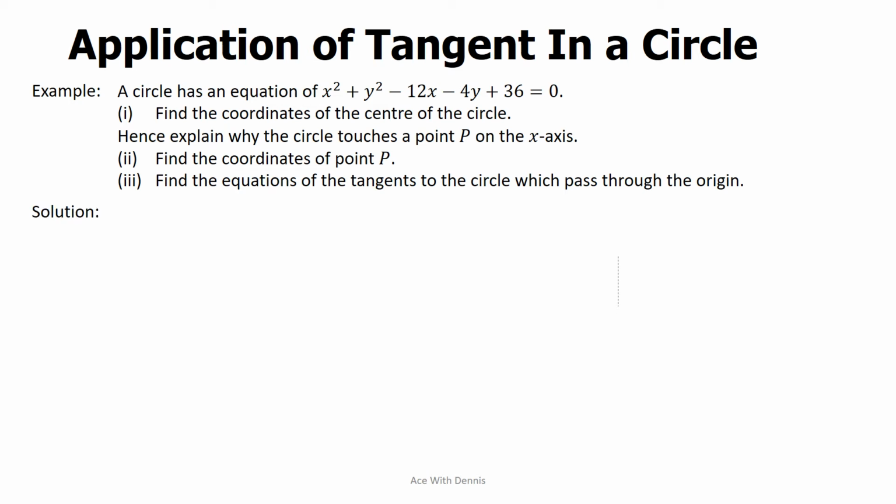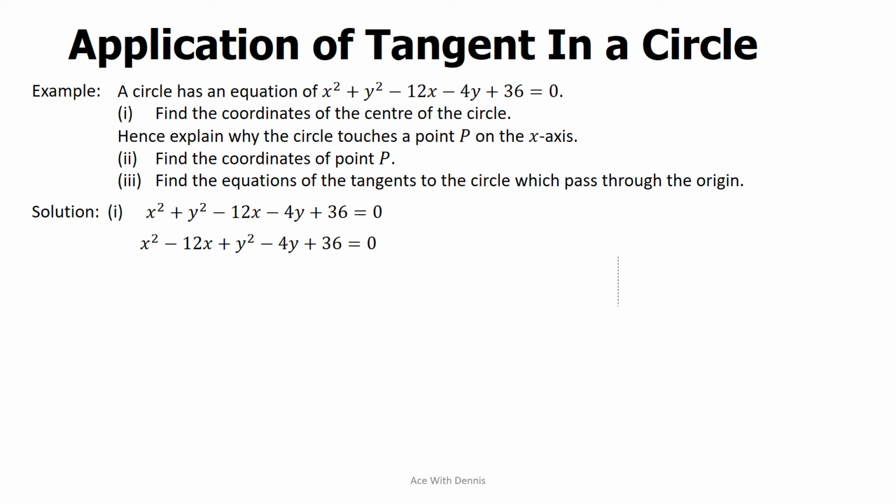Here is the solution for number 1. I hope that you should know how to find the coordinates of the center. So this is the given equation, x² + y² - 12x - 4y + 36 = 0. We can rearrange this equation, becomes x² - 12x + y² - 4y + 36 = 0.